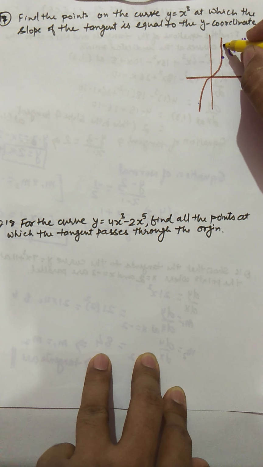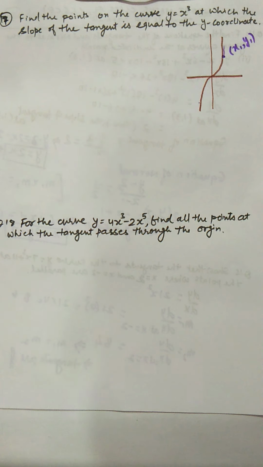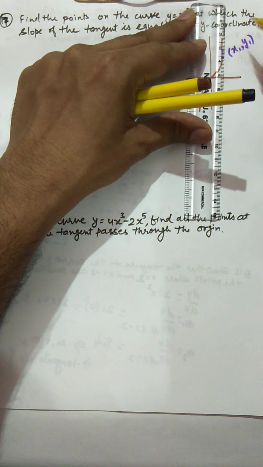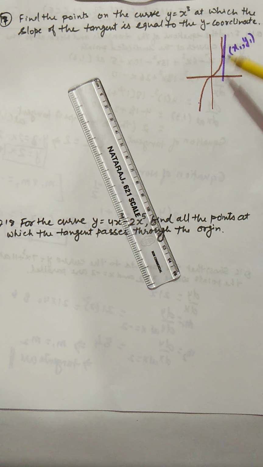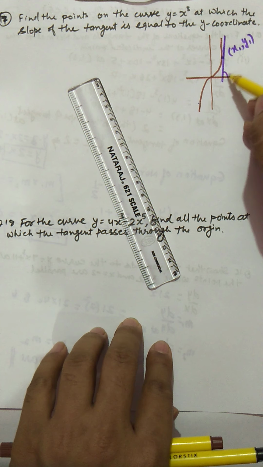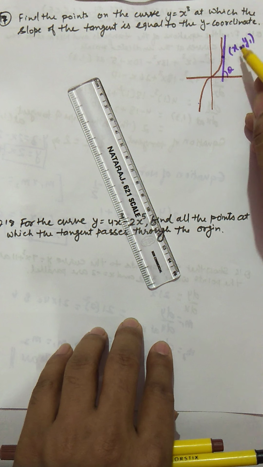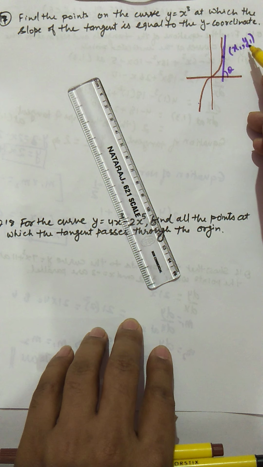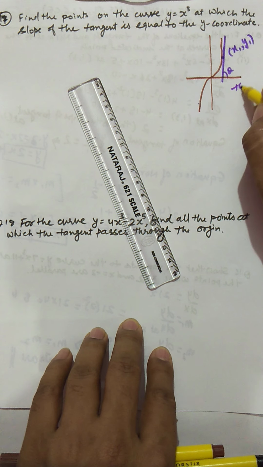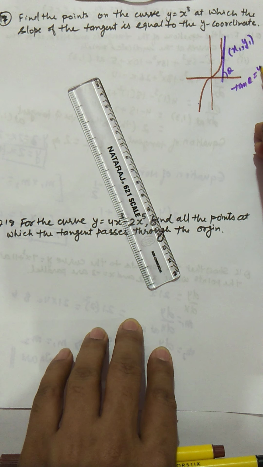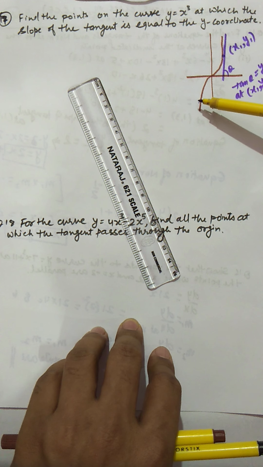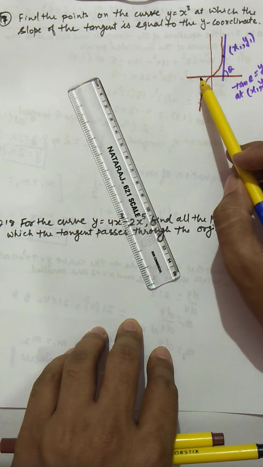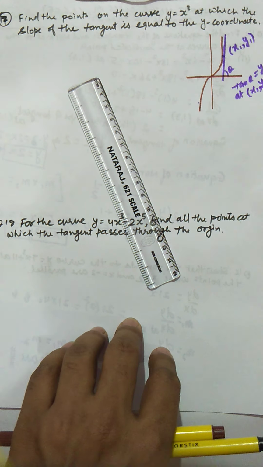If I draw this tangent, using some scale, then there will be some angle theta, and tan theta should be equal to y1 at x1 comma y1. This point can be here or here, but it cannot be here on the x-axis.